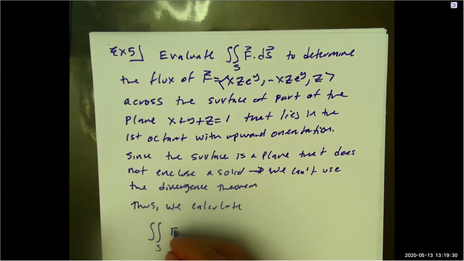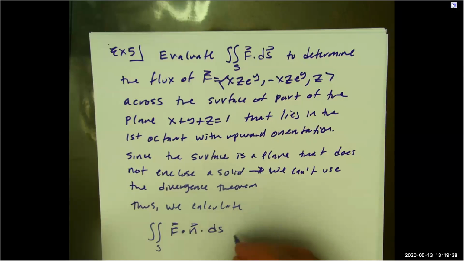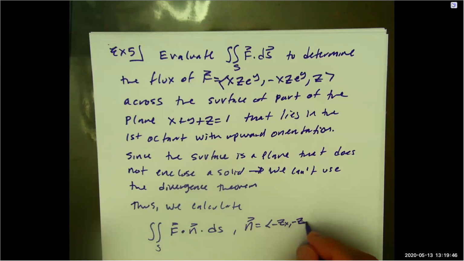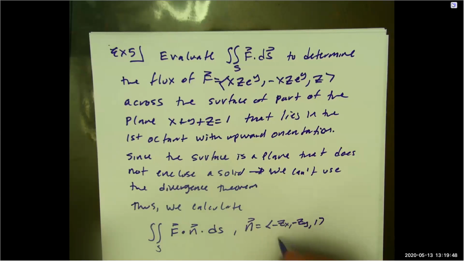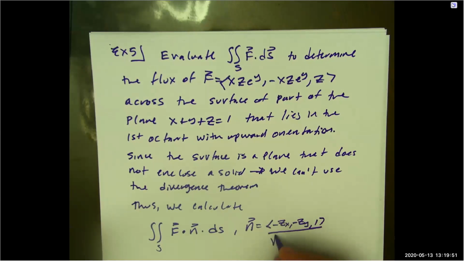So we're going to have to calculate F dot N dS, where the N is going to be equal to minus Zx, minus Zy, 1 divided by the square root of Zx squared plus Zy squared plus 1.